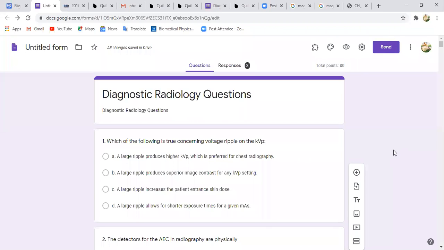Because of that, there are many circuits used in everyday electricity to reduce the voltage ripple. So which of the following is true concerning voltage ripple? What does it do as far as radiography is concerned? Is it A, B, C, D or E?